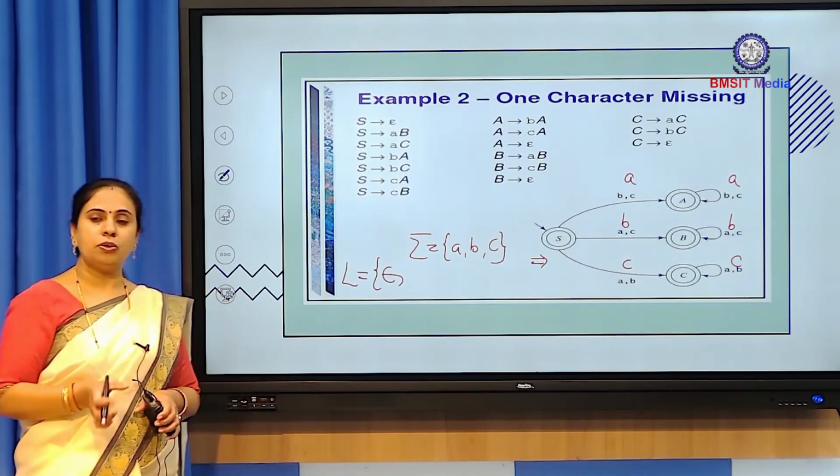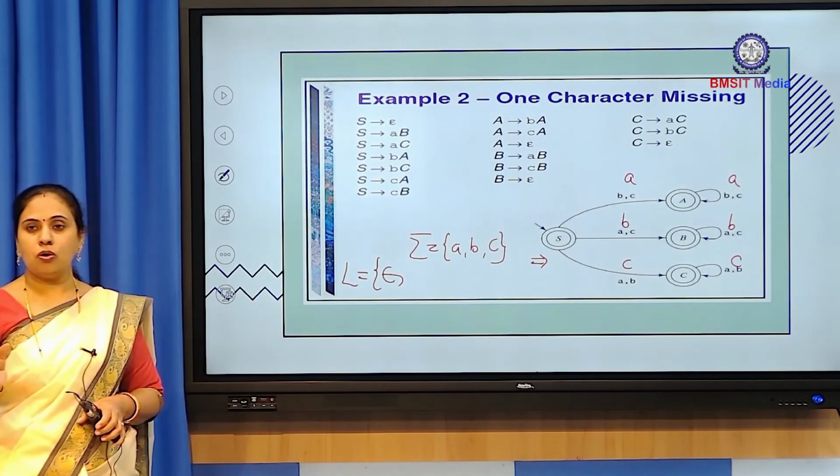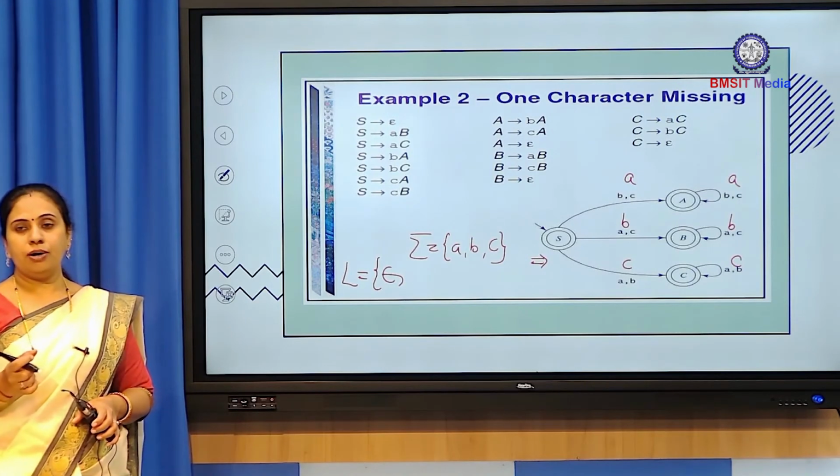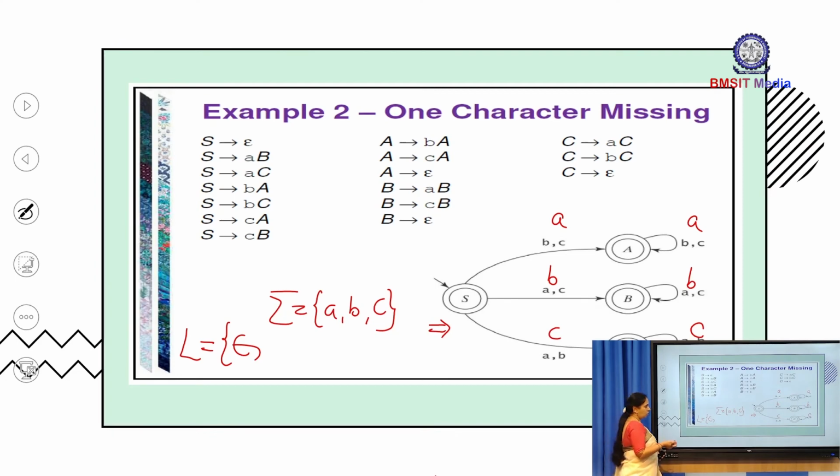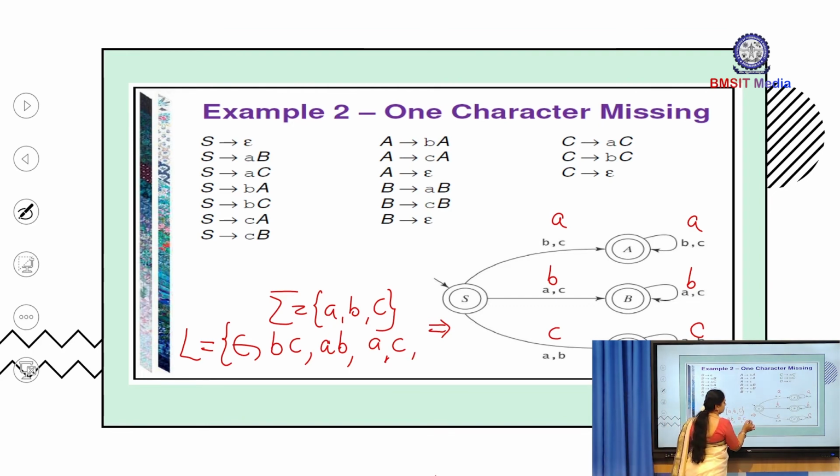Any combination of characters you take, you have to see to it that there is always one input symbol missing. So epsilon is accepted, only BC should be accepted, then only AB, and finally AC should be accepted. And the same sequence can be repeated any number of times.